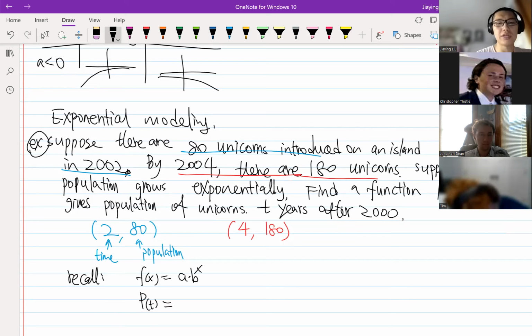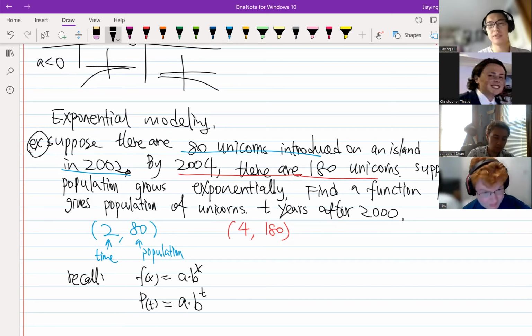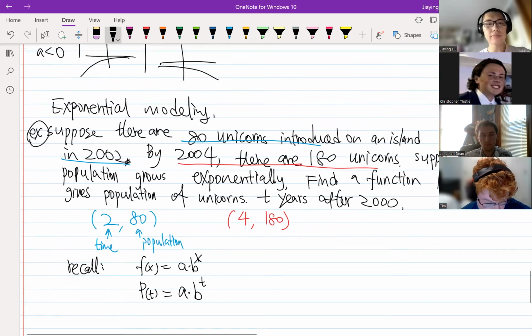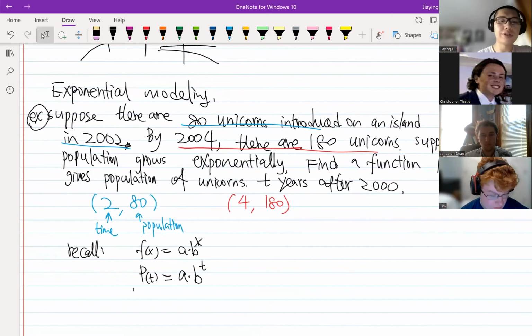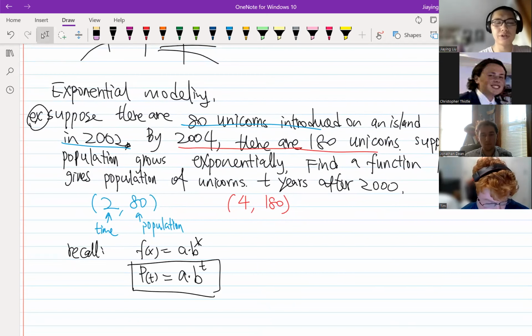So P of t equals a constant, b is a constant, the base, and to the time. Instead of having x in the exponent, we're going to have time in the exponent. So P of t equals a times b to the t. And we're going to use this general form.